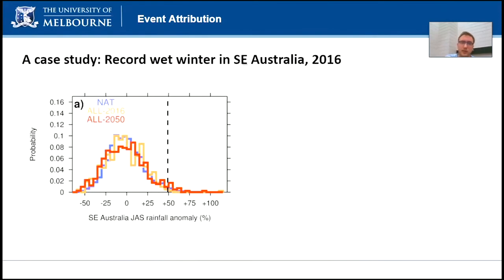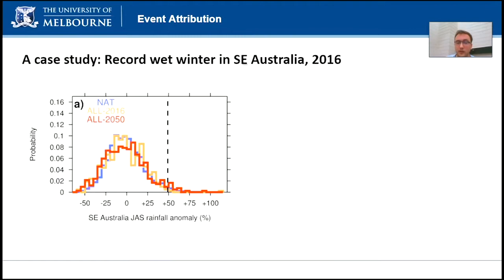So if we construct distributions a bit like that idealized figure I showed earlier in the talk from Peter Stott, on the x-axis is the Southeast Australia winter rainfall anomaly as a percentage, and this is a PDF. The blue curve, the blue histogram, which is kind of hidden behind the other histograms, is for a natural world, so a world without anthropogenic forcings.